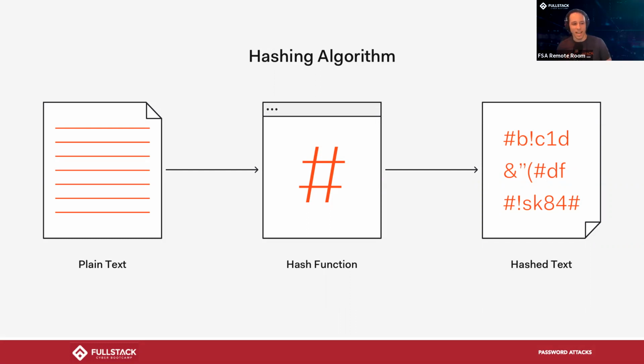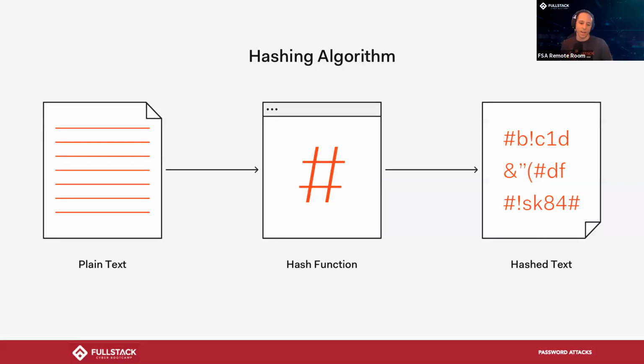So you can put anything inside a hash function and you get some junk out. The difference is, in a hash function, you always get the same thing out, right? If you put some plain text A into a hash function, you'll always get the same hash text out, no matter how many times you do it. It's deterministic, okay?